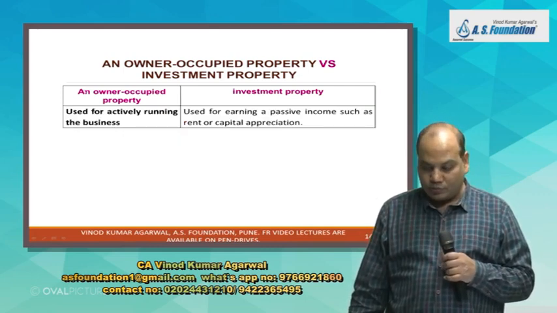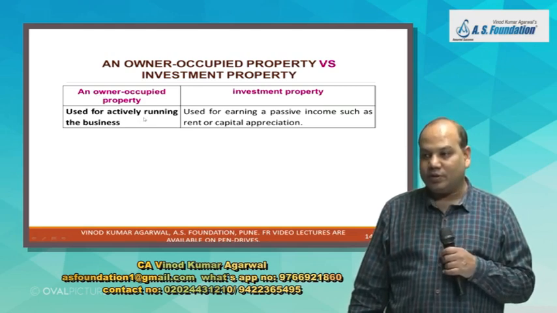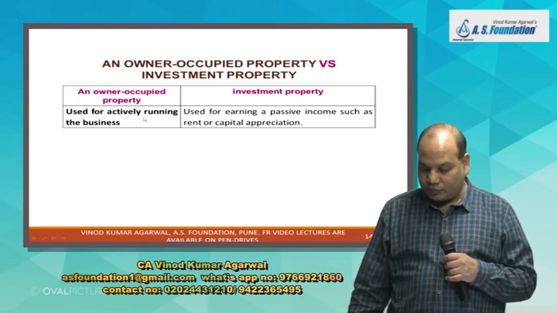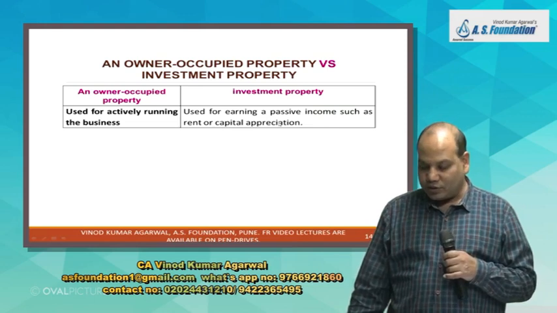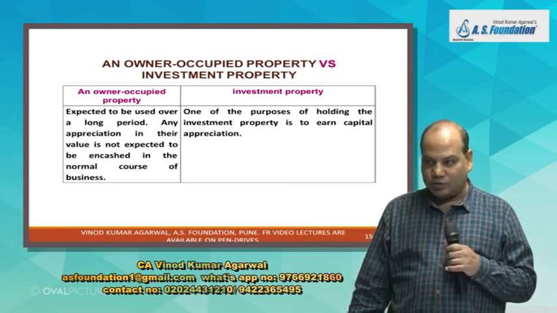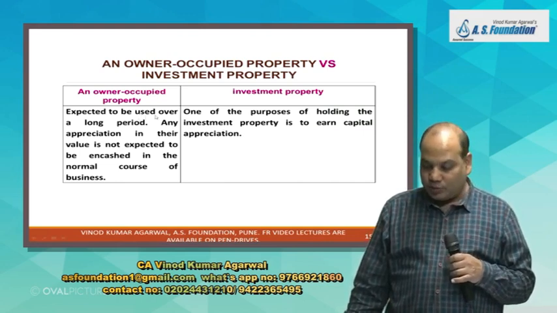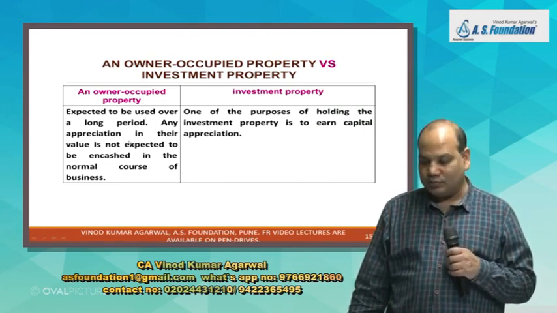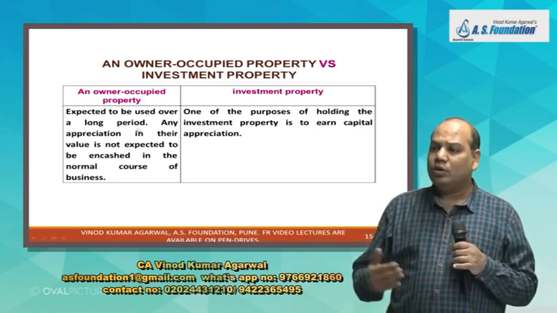Third difference, owner occupied property is used for actively running the business, right? Whereas investment property is used for earning a passive income, such as rent or capital appreciation. Fourth difference, expected to be used over a long period. Owner occupied property is expected to be used over a long period.